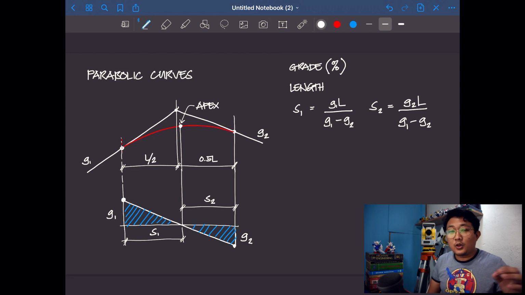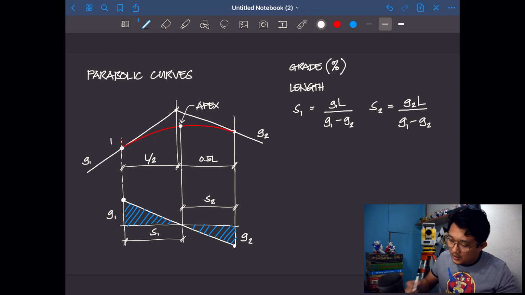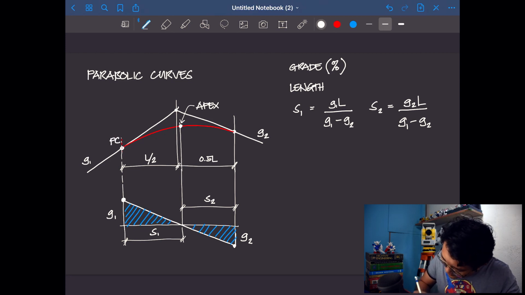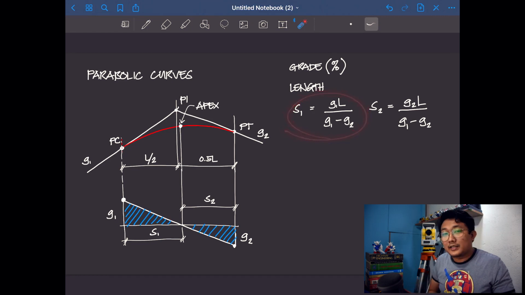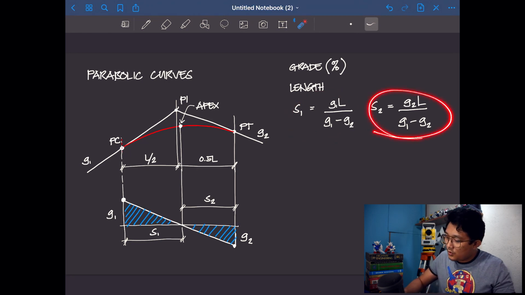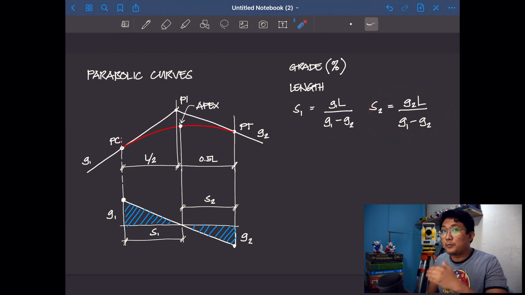Now take note, from your horizontal curve, where your curve starts is called the PC, where the curve ends is called PT, and where the tangent lines meet is PI. So in the parabolic curve, in vertical curves, it's the same. So we can just write this point therefore is PC, this point here is PI, and this point right here is PT. Meaning we can now say that S1 is the distance of the apex from PC, the point of curvature, and S2 is the distance of the apex from PT, the point of tangency.